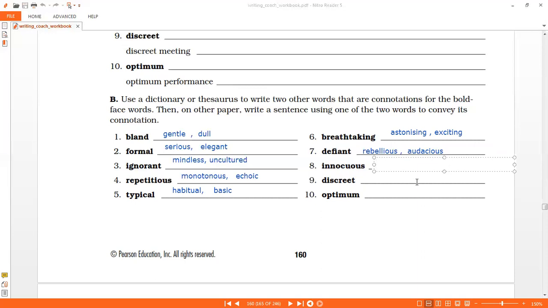Innocuous: something painless, and kind.